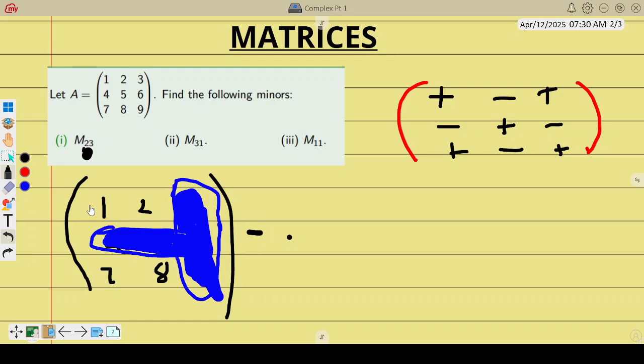So from here we're remaining with 1, 2, 7, 8, and we can now find the determinant of this.